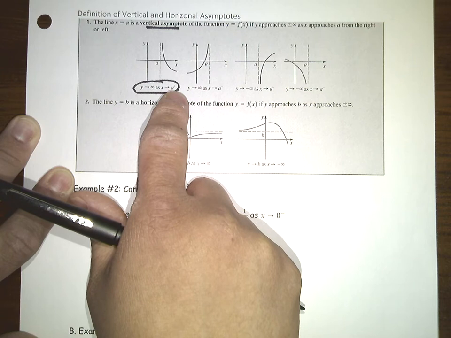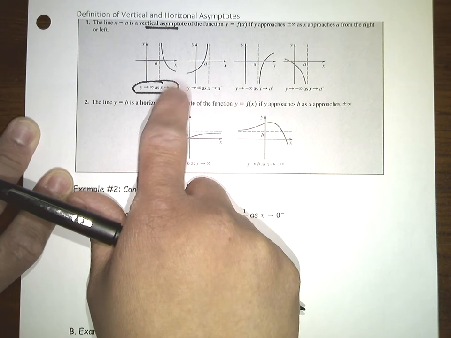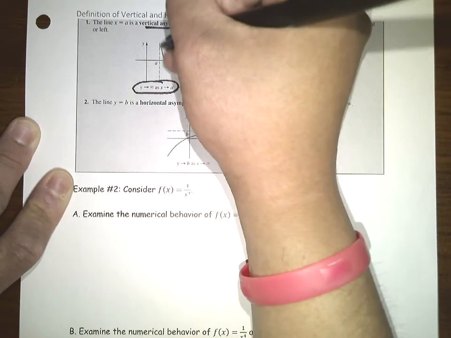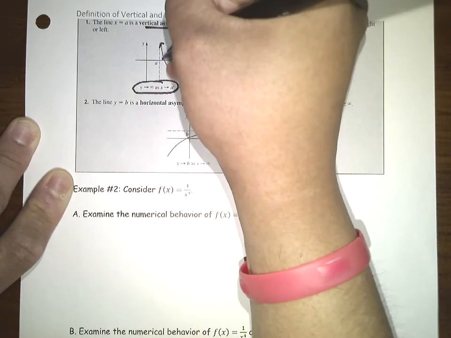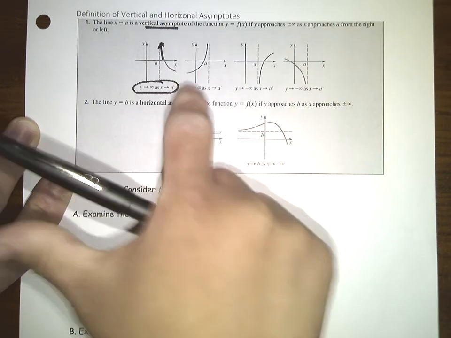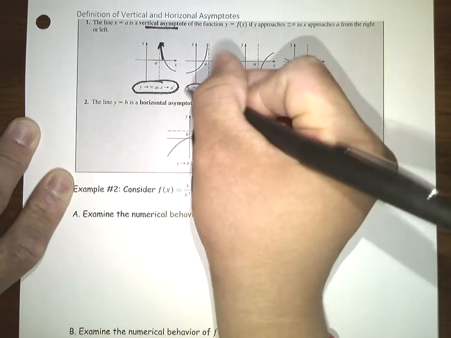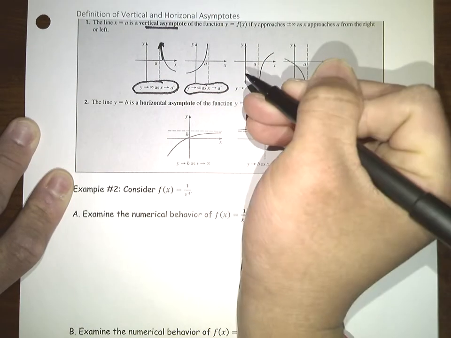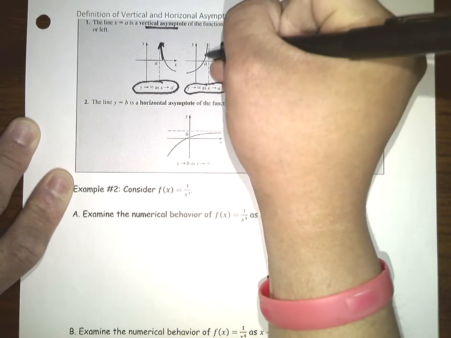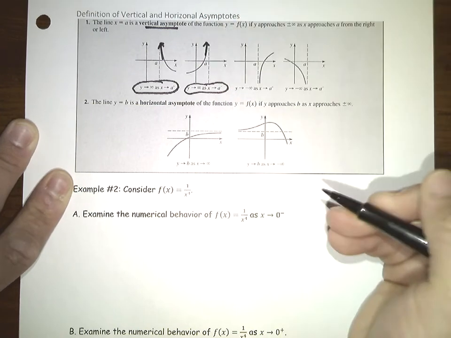That little positive sign next to the a, the superscript, means from the right, so values that are bigger than a, and the negative superscript means values less than a, or to the left of a.